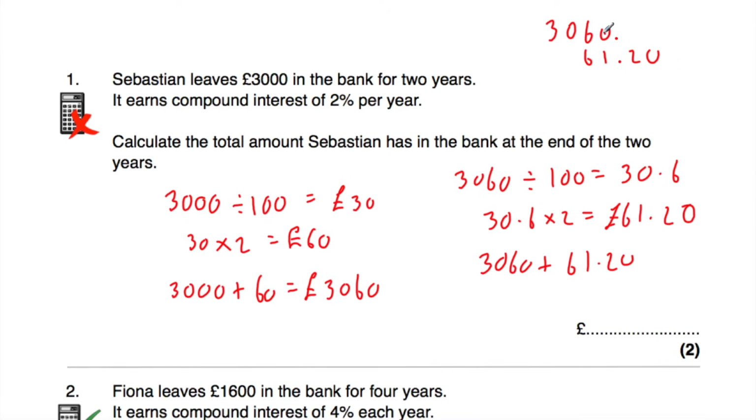So 0 plus 0 is 0, 0 plus 2 is 2, 0 plus 1 is equal to 1, 6 plus 6 is equal to 12, so put the 2 down and carry a 1, 0 plus 1 is equal to 1, and then we've got our 3. So at the end of the 2 years, Sebastian will have £3,121 and 20p, and that's how much money Sebastian would have in the bank account at the end of the 2 years, and that's it.